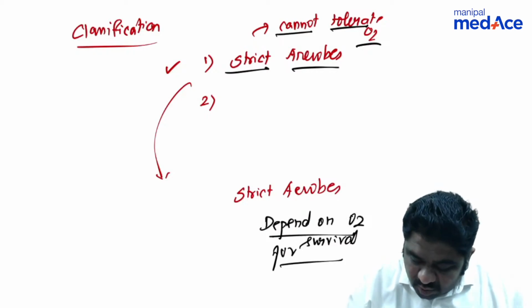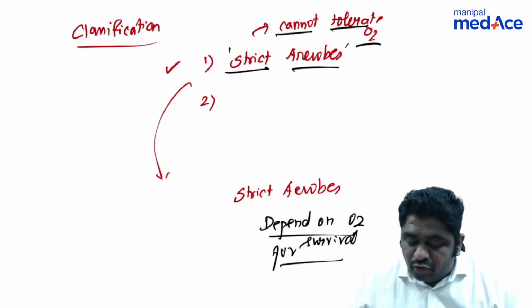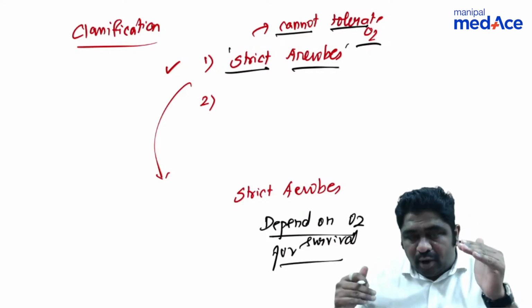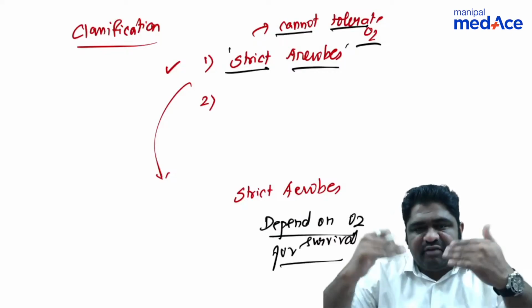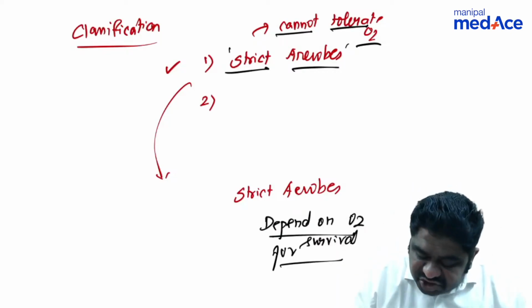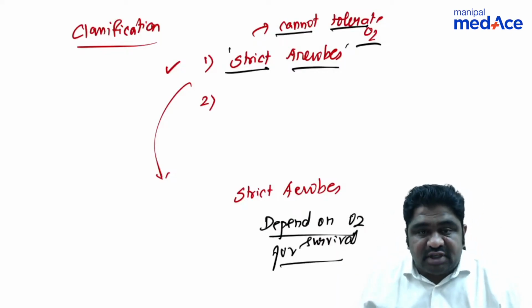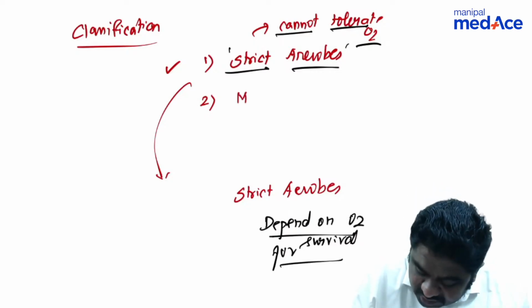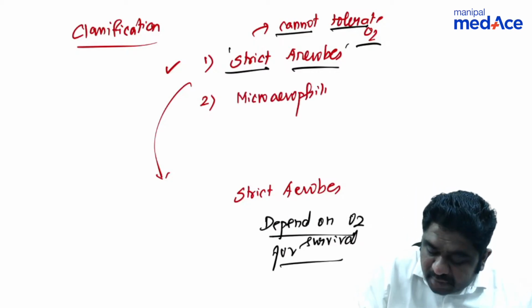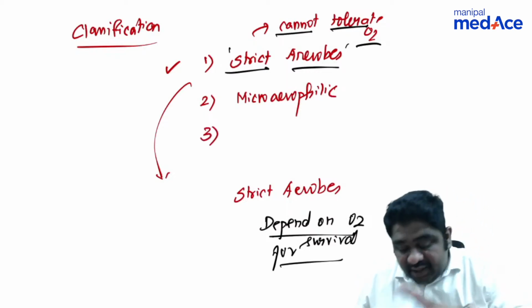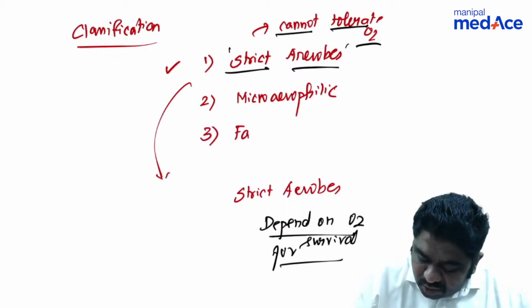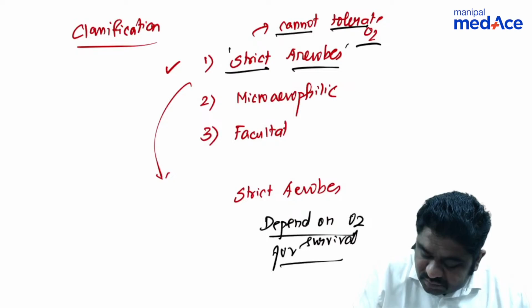Now, at this point, you have to remember, whenever you go from strict anaerobes to aerobes, you will be having slow evolution, right? After strict anaerobes, the group of organisms that came into existence were microaerophilic. Next, you had facultative groups of organisms.